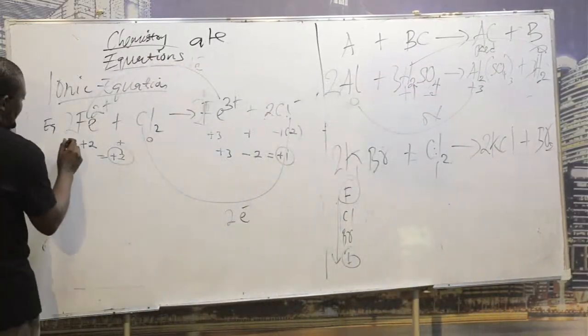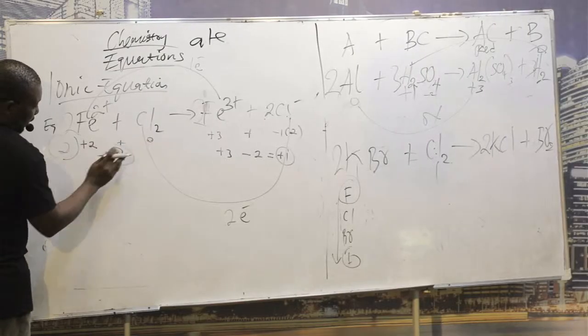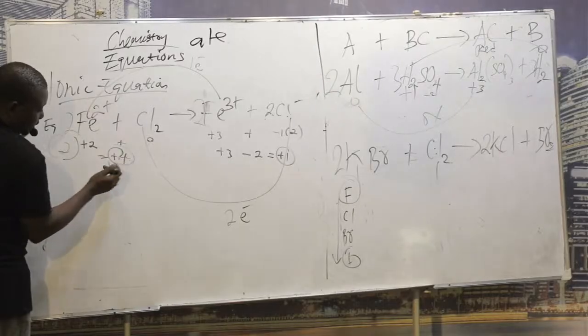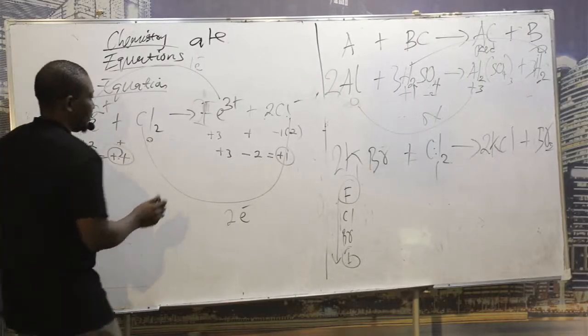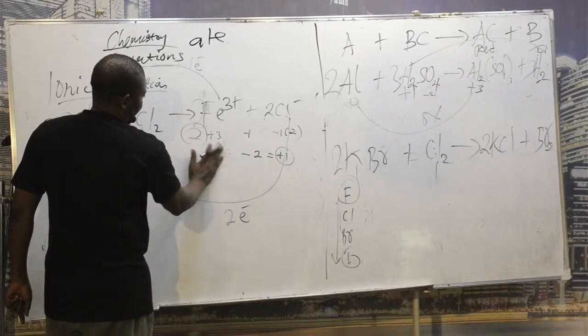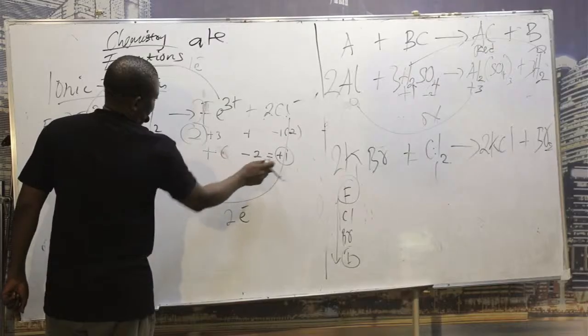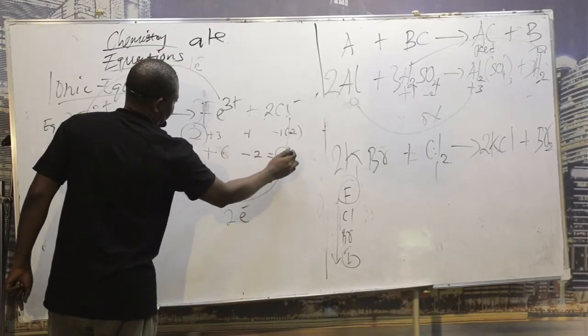So here is what? 2 times plus 2 plus 0 is what? Plus 4. Let's go here. 2 will now go here. So this is going to be what? Plus 6. Plus 6 minus 2 will give me what? Plus 4. Plus 4, plus 4. Equation is what? Balanced.